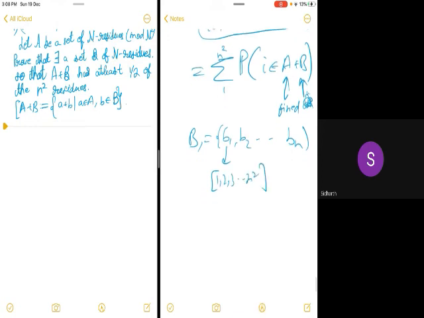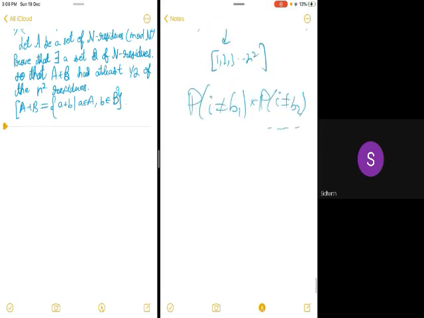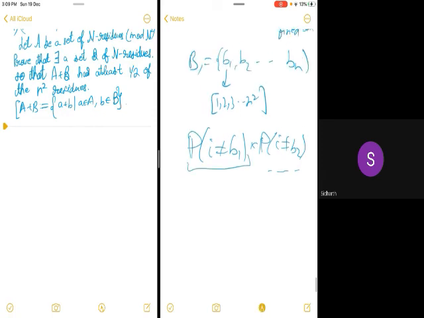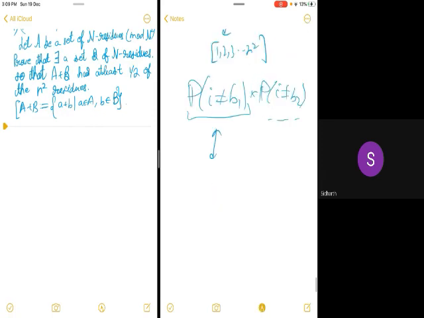Now, what is the probability that I does not belong to this set? That will be equal to the probability that I is not equal to B1, multiplied by the probability that I is not equal to B2, and so on. Now the probability that I is not equal to B1, what is this value?